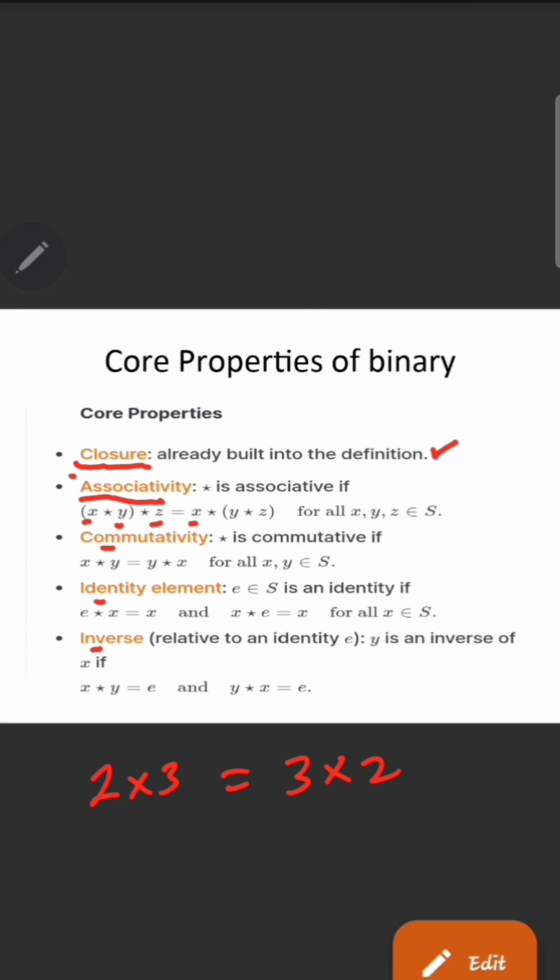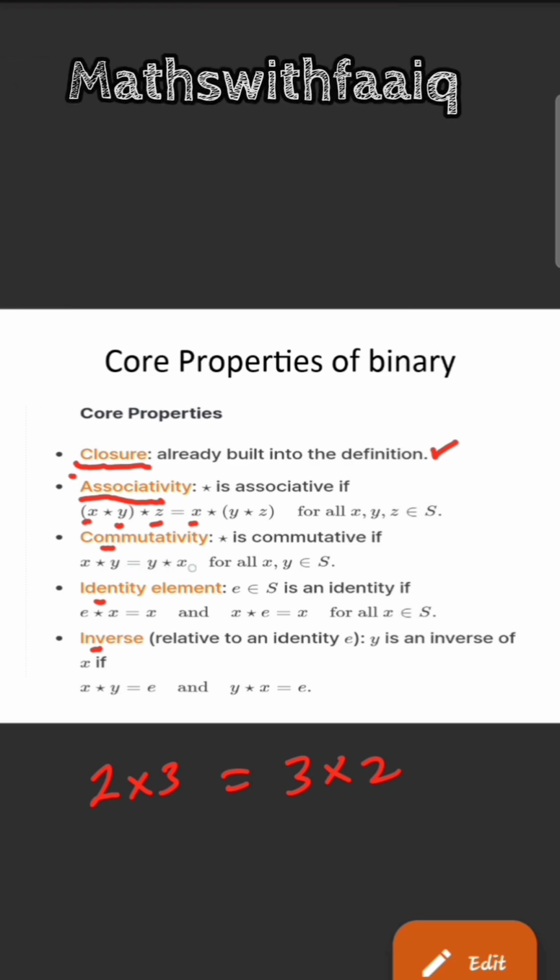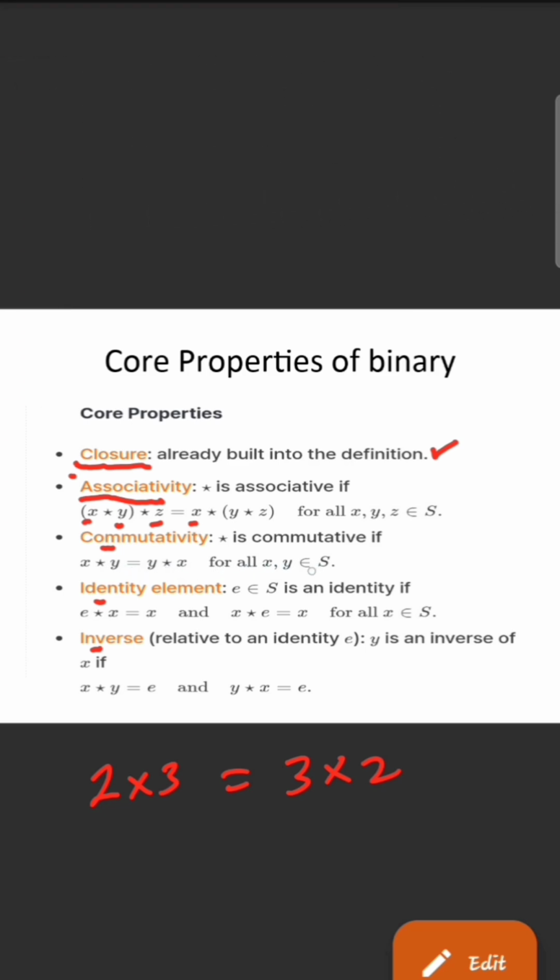Whenever an operation is performed on a set of numbers, and when you interchange the numbers the operation still works, that is what is referred to as commutative. X operation Y equals Y operation X, for all X and Y elements of S. This S they are using here is the set of numbers we are given. Depending on the set, you may be given real numbers, integers, whole numbers, and so on.